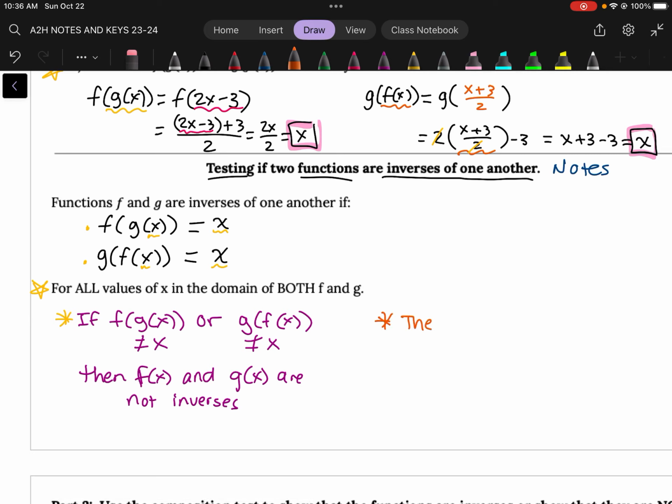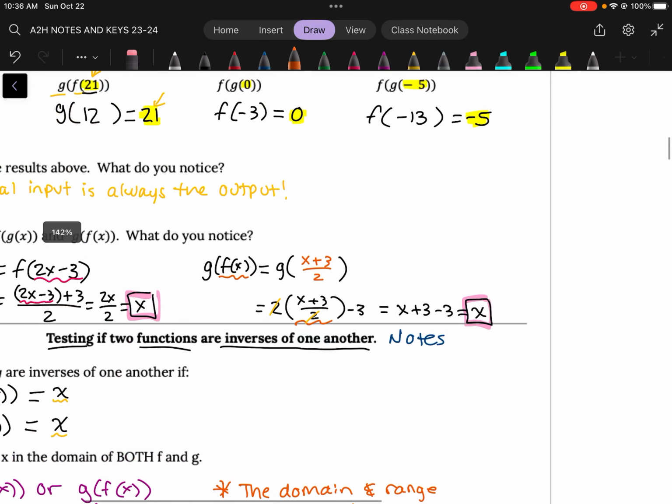Also remember, right, the domain and range also switch. And this is not a way to really prove that they're inverses, but it's a good sort of reminder or another sort of check on the fact that two things may or may not be inverses.